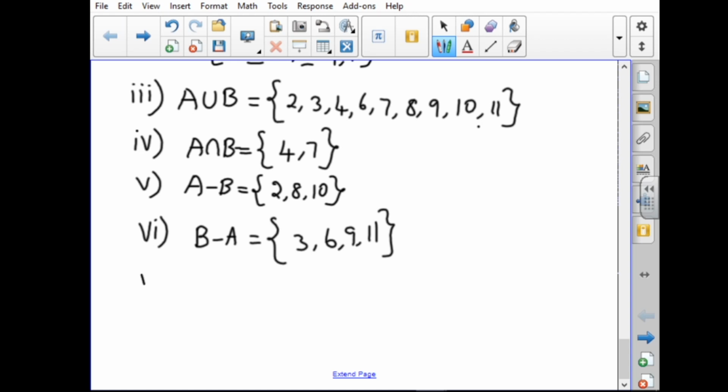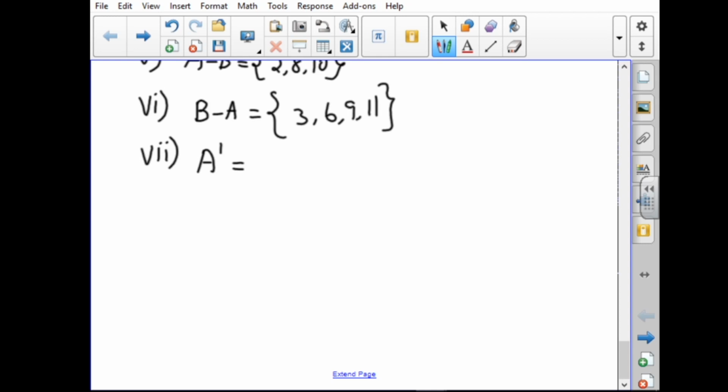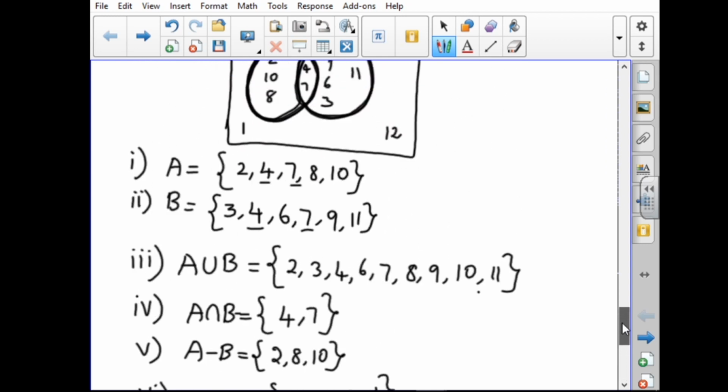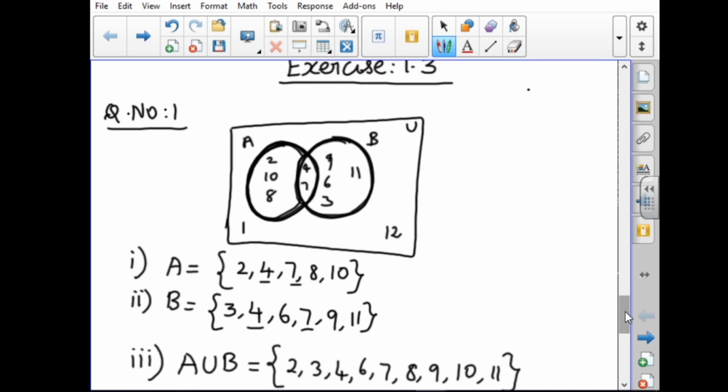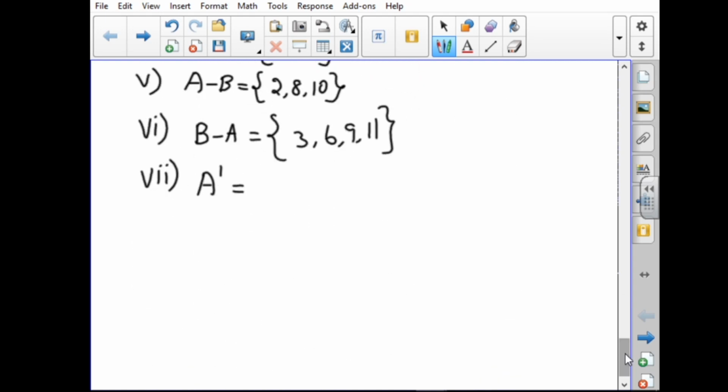Then the seventh one, A dash. A dash means except A. In the Venn diagram, except the A set, the remaining elements are called A dash. The outside elements in the universal set, 1 and 12, are also included.